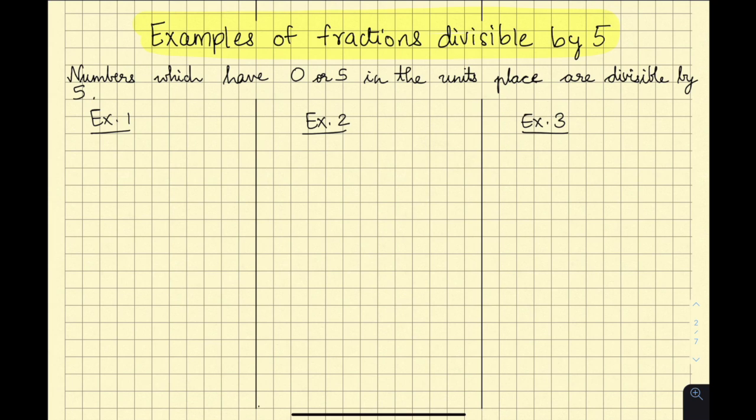You just need to see the numbers and the digits. For example, I write here 15. So 15 has the digit 5 in the units place, so it is divisible by 5.